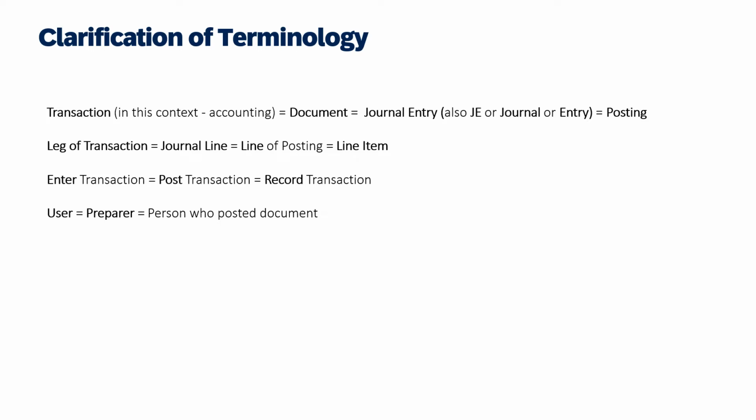Similarly, when we mention leg of transaction or posting, leg of posting, line of posting or line of journal, it's also known as a line item in SAP. You must remember from the accounting fundamentals lesson that each journal should contain a minimum of 2 lines with debit and credit sign.